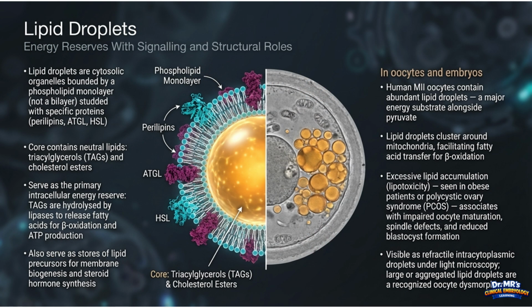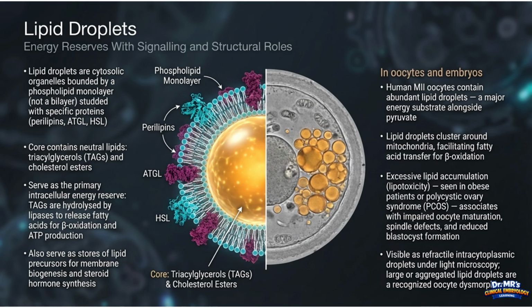Lipid droplets are among the most abundant cytoplasmic inclusions in the human oocyte, and they serve as the cell's primary intracellular energy reserve. Their structure is unusual. Unlike other organelles, they are bounded not by a phospholipid bilayer, but by a single phospholipid monolayer, studded with specific proteins called perilipins and lipases, including adipose triglyceride lipase.